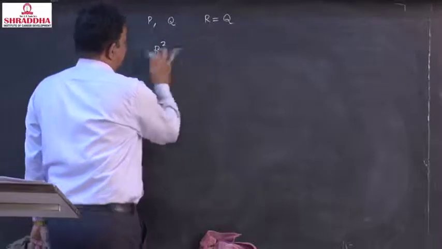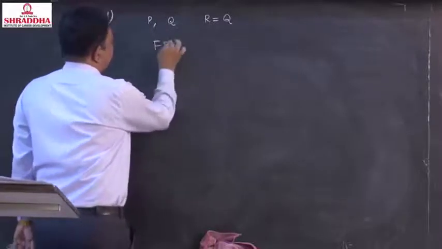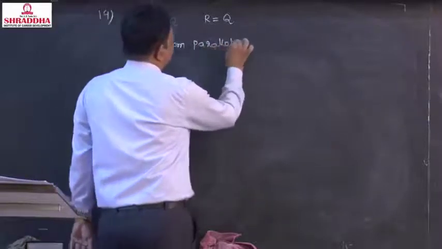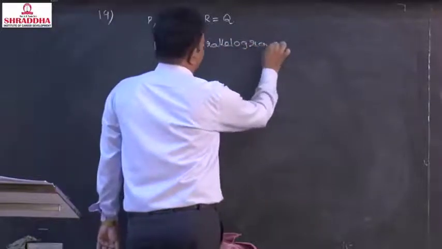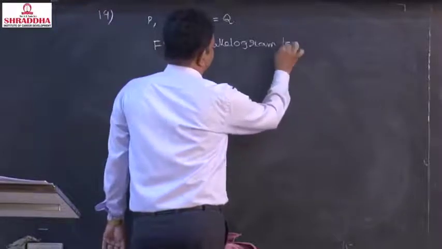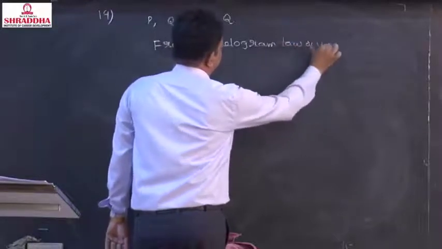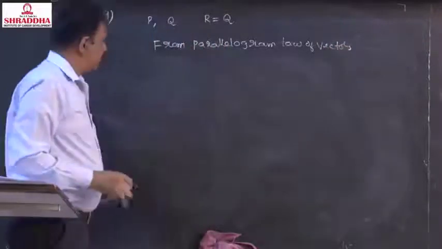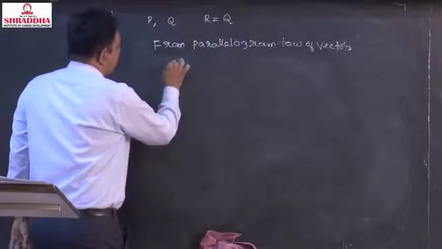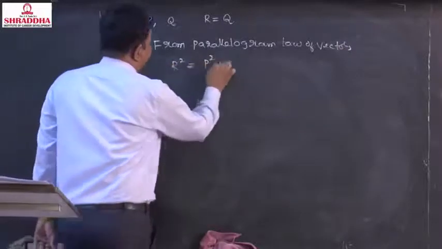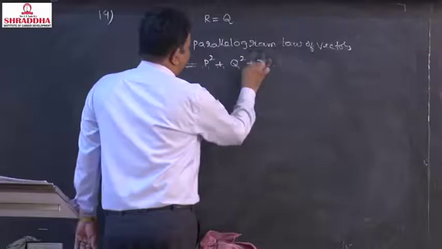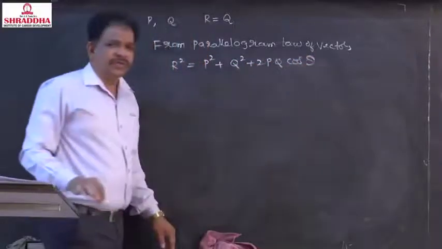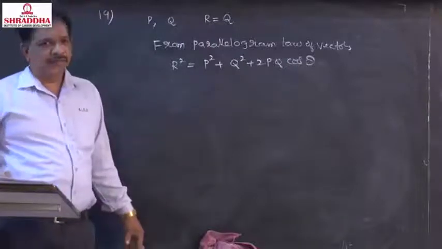Then R is equal to how much? From the parallelogram law of vectors, what can we write? R square is equal to P square plus Q square plus 2PQ cos theta. This is the formula.